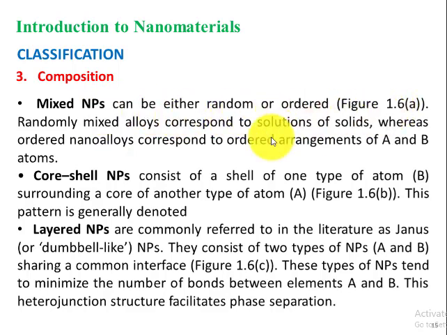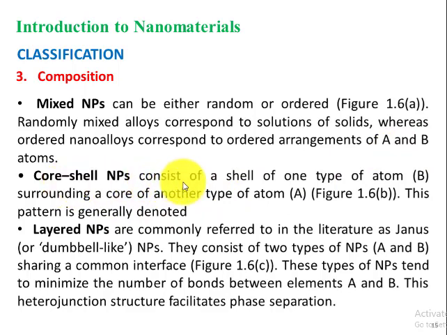Figure 1.6, which is on the next page, is showing mixed nanoparticles. Randomly mixed alloys correspond to solutions of solids, whereas ordered nanoparticles correspond to ordered arrangement of A and B atoms. The A and B atoms are shown in figure 1.6.